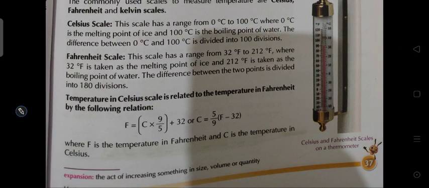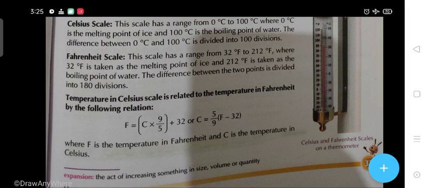Now students, here are some formulas to find out the temperature in Fahrenheit and the degree Celsius. So temperature in Celsius scale is related to the temperature in Fahrenheit by the following relations. First one, Fahrenheit is equal to bracket Celsius multiplied by 9 upon 5, close bracket, addition 32, or the Celsius is equal to 5 upon 9 bracket Fahrenheit minus 32.